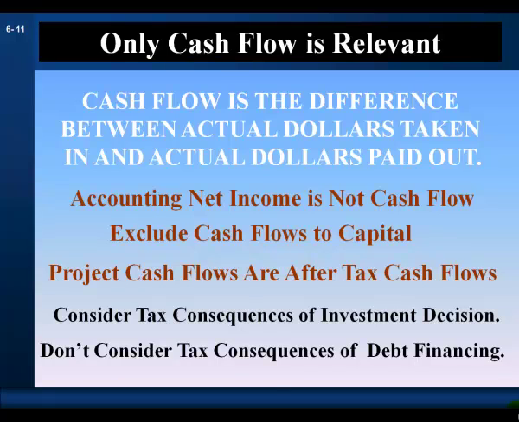Project cash flows only consider the tax consequences of the investment decision. These include the tax deduction of depreciation, capital gains tax on salvage value, and taxes on operating income. We don't consider the tax consequences of debt financing, in particular the tax deduction of interest. It's a tax consequence of the financing decision. Later in the course, we'll find that the tax consequences of debt financing is reflected in the cost of capital.